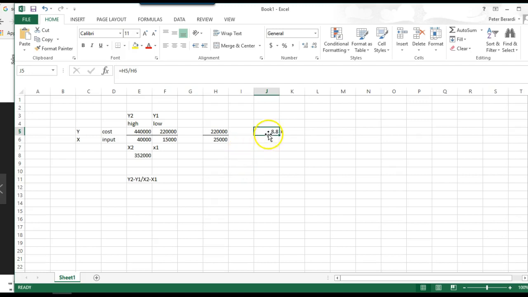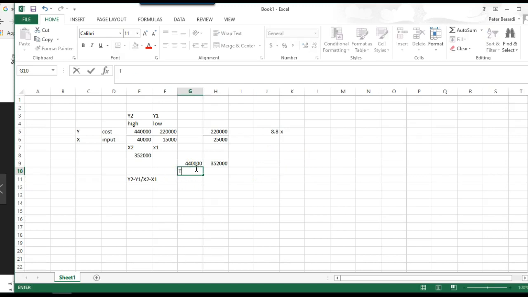In this case, 352,000. We take the highest cost, which is 440,000, and we subtract the variable cost of 352,000.